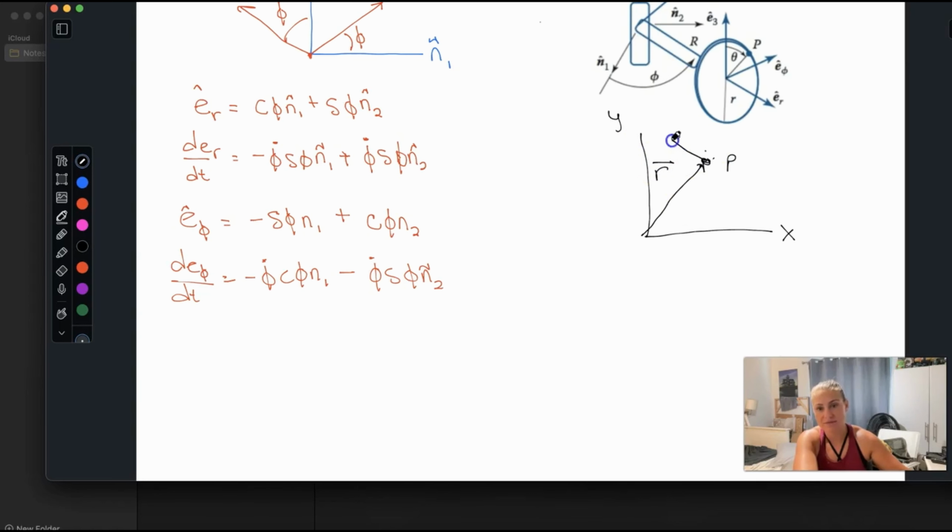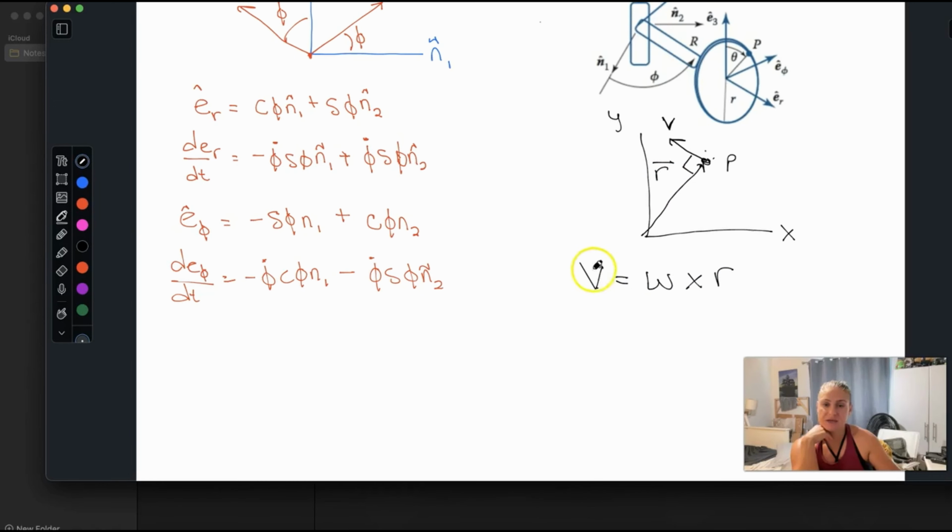Your velocity vector is always perpendicular to your position vector. So this is v. We're going to learn more of this in rigid body dynamics, but I just want to introduce it to you. So I can say that v is equal to omega cross r.